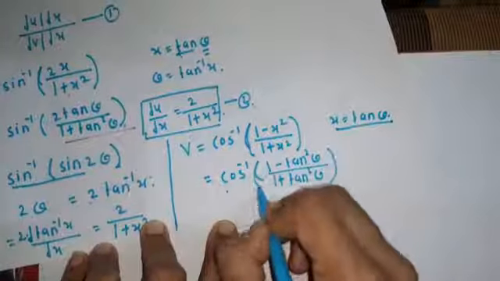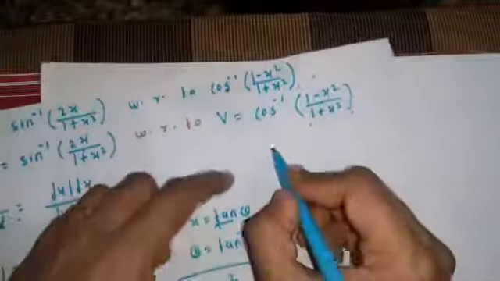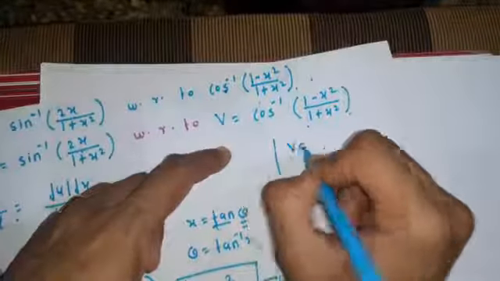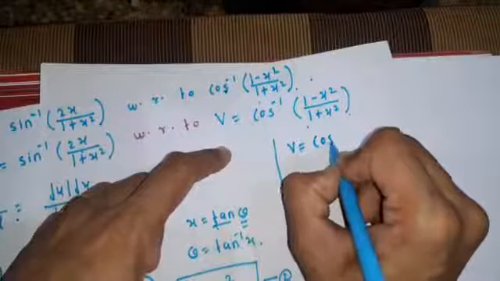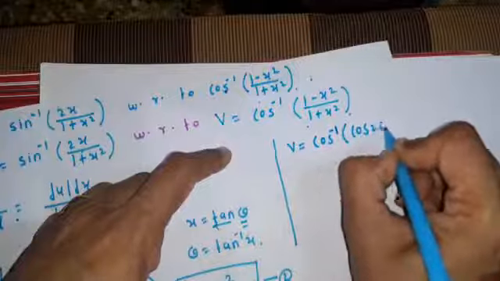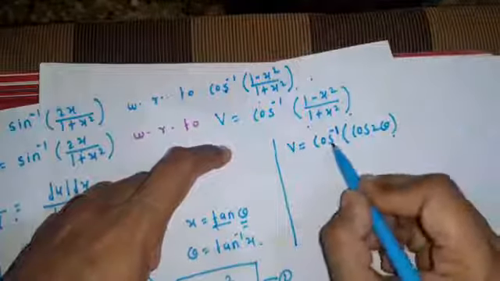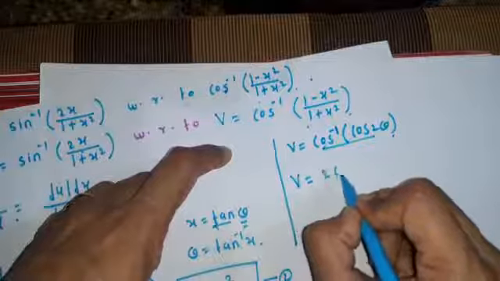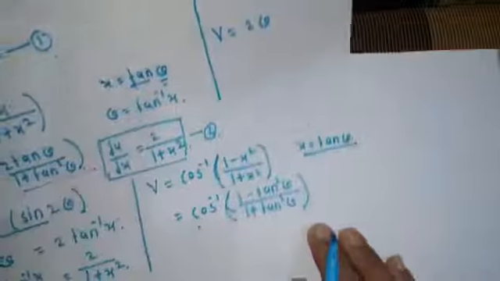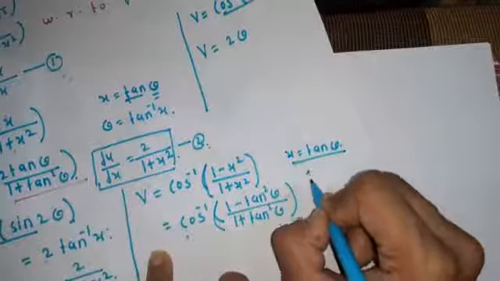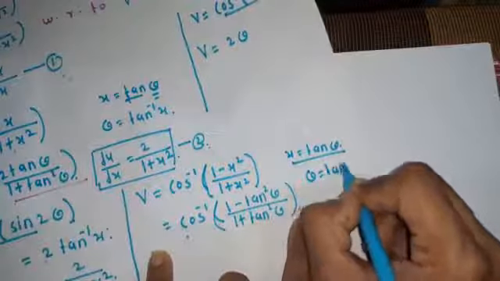So v equal to cos inverse of cos of 2 theta. Cos inverse of cos gets cancelled, v equal to 2 theta. Okay students, from x equal to tan theta, we can put theta equal to tan inverse of x.